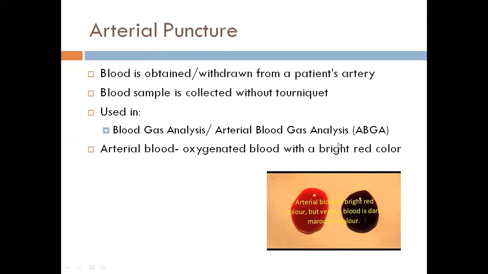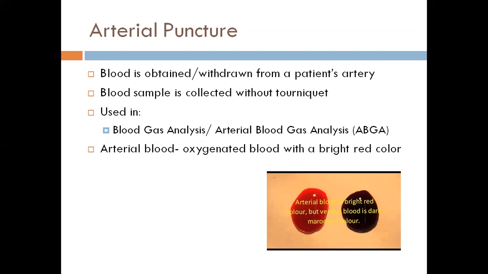Later I'll be discussing what parameters are included in this arterial blood gas analysis, so you can determine which parameters are used for ABG, wherein we use arterial blood as the sample for testing. Arterial blood is characterized as oxygenated blood with a bright red color. Here we have a picture to show you the difference between arterial blood and venous blood. Take note that these two bloods are different.